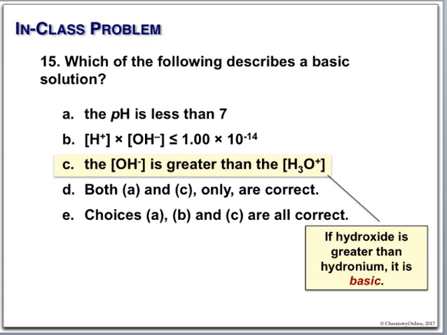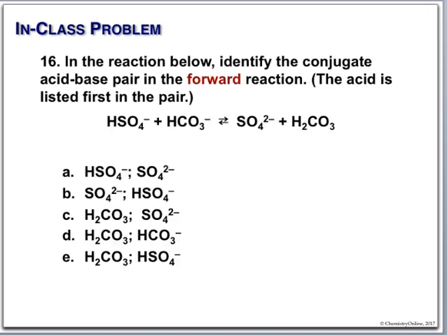Well, we talked about Bronsted and his acid-base thingies, right? That deals with proton donors and proton acceptors. We also call these conjugate acid-base pairs. Now, what we have here is an equation. We're looking at only the forward reaction, so going this way.